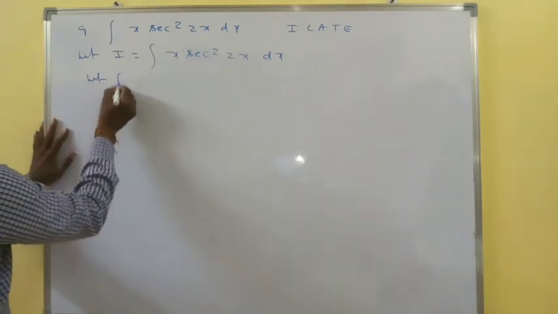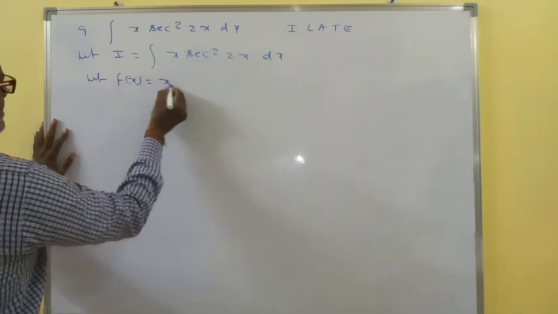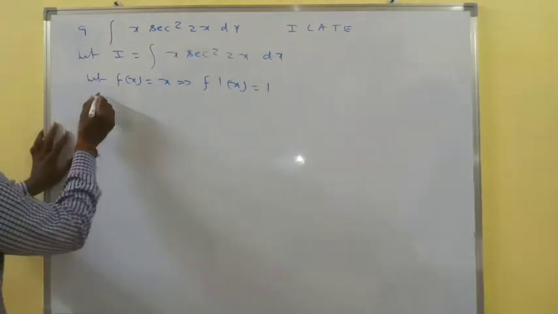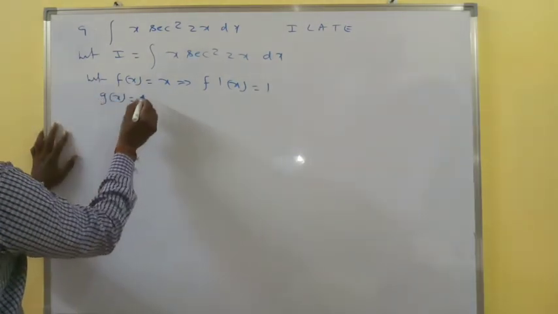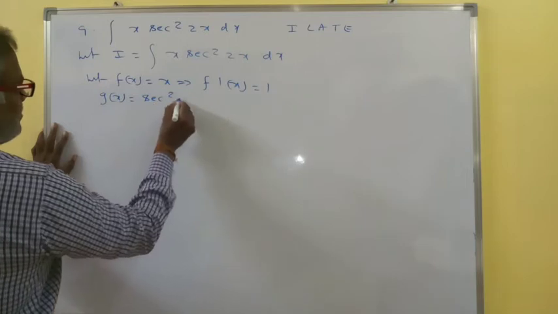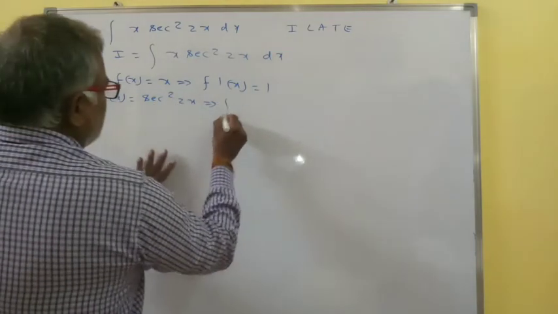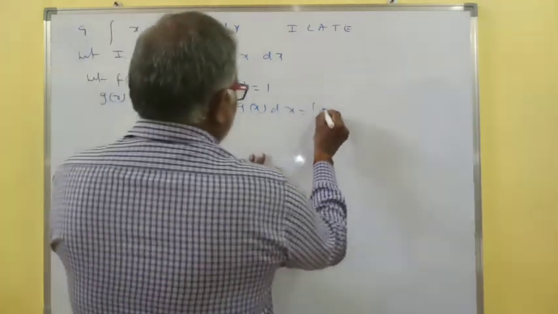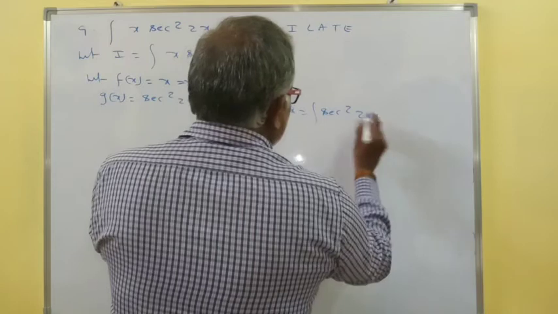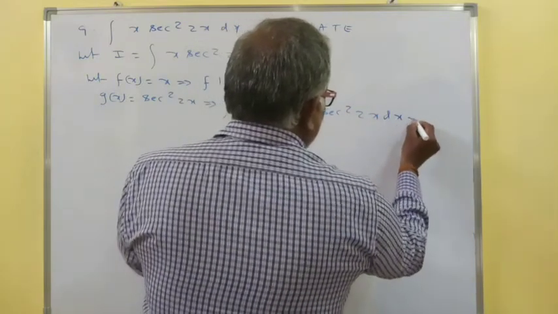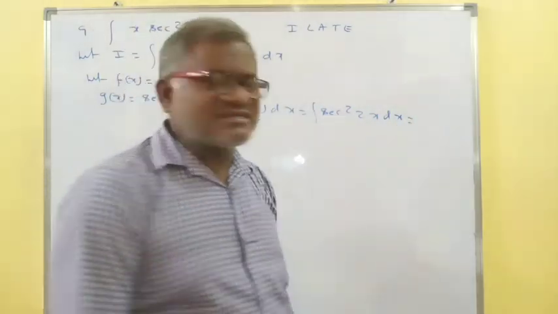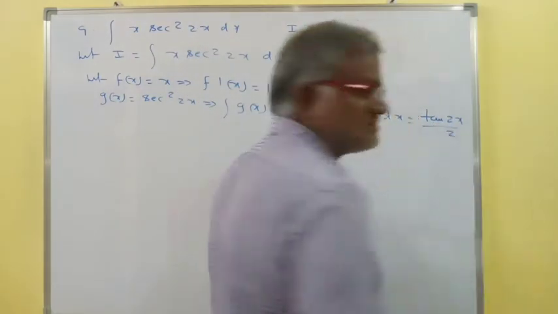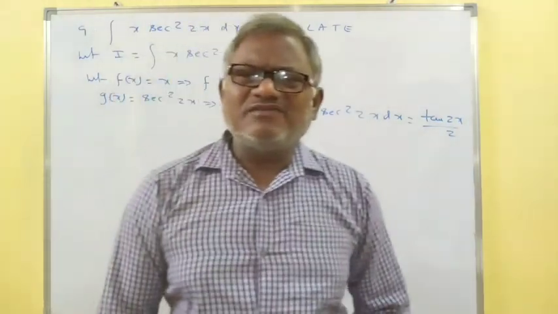Here f of x is equal to x, so its derivative is nothing but 1. Next g of x is equal to secant square 2x, so the integral of this is tan 2x, divided always by the coefficient of x.